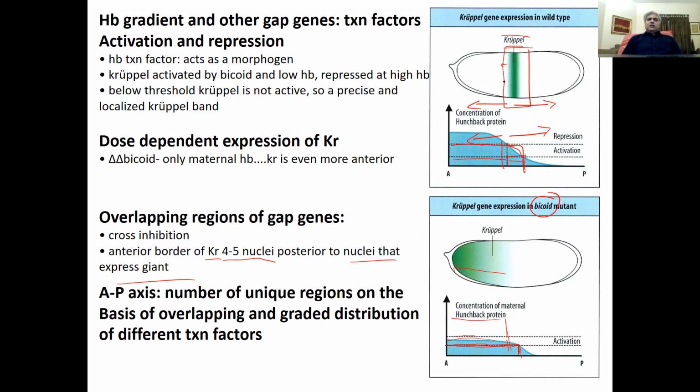Now, the whole anterior posterior axis formation, what we have learned in the last 4 or 5 decades, is that there are actually unique regions, and these unique regions are based on the overlapping gradient concentrations of different transcription factors.